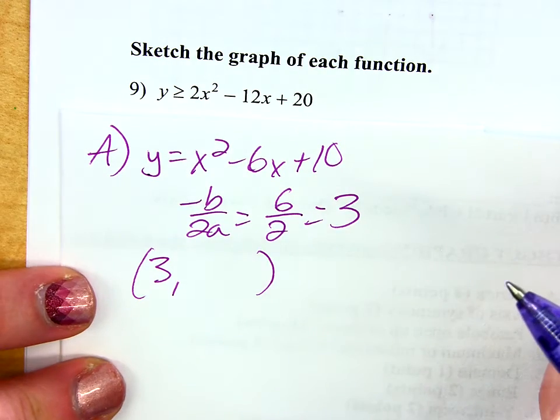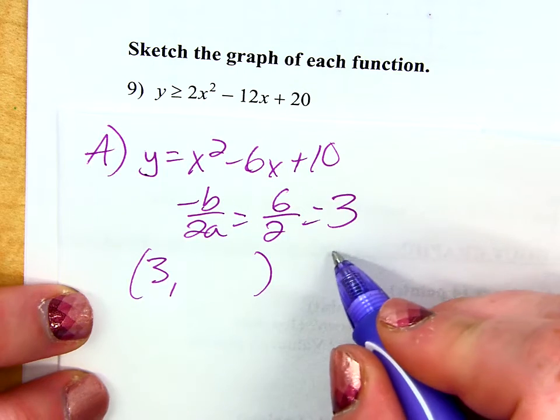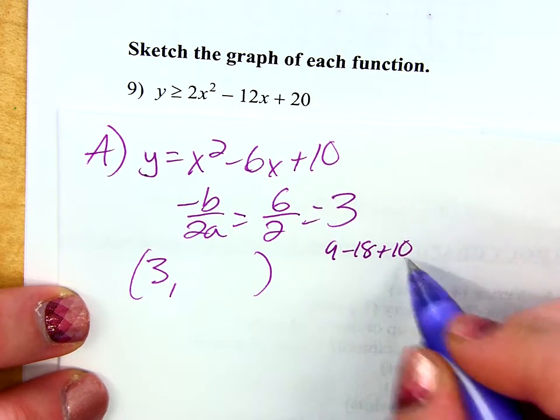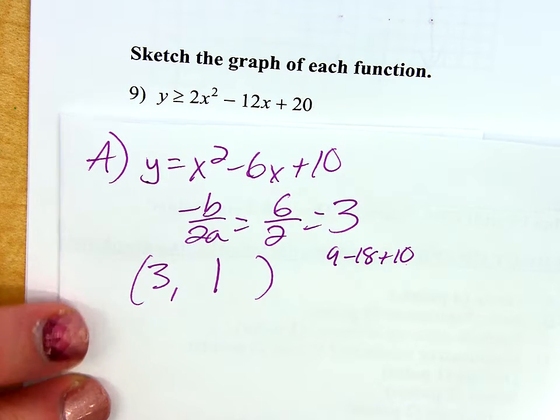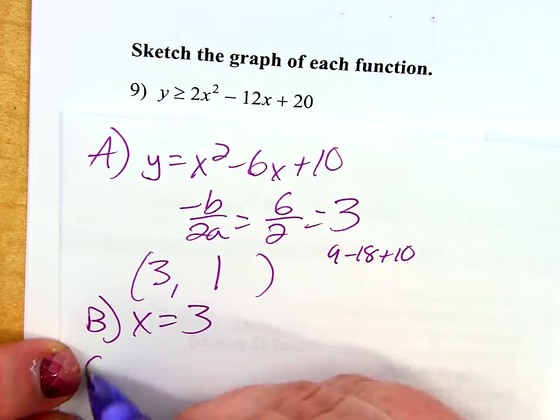How do I find the something? I have to plug 3 back in. So it'll be 9 minus 18 plus 10, which is 1. Okay? Everybody agree? Okay. So B, I know, is going to be x equals 3.